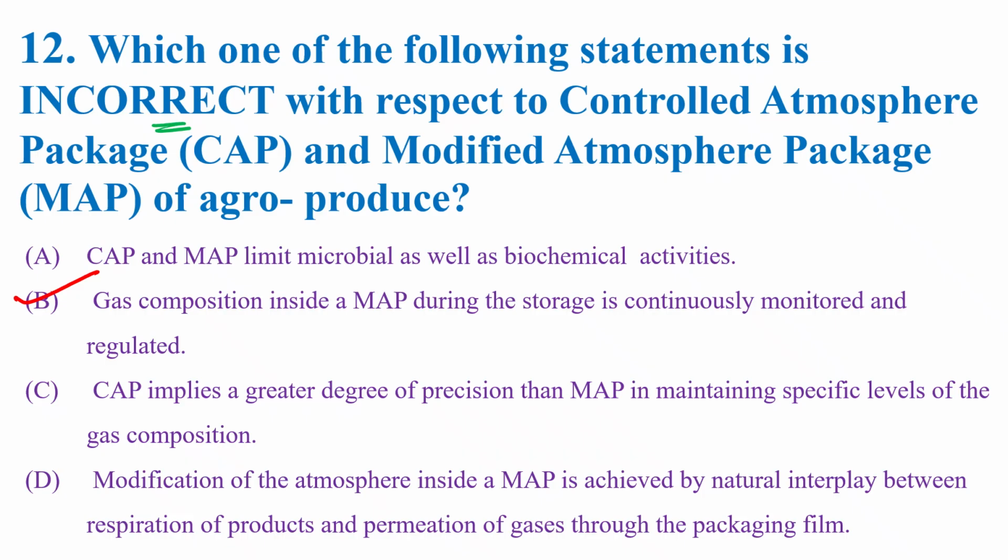And MAP will rely on produce respiration and film permeability to modify the atmosphere. So my correct option is option number B. Comparing CAP and MAP, we can say that CAP is high cost and is used for long-term storage, whereas MAP is cost effective but short-term.